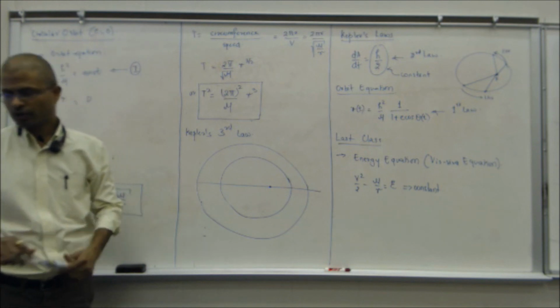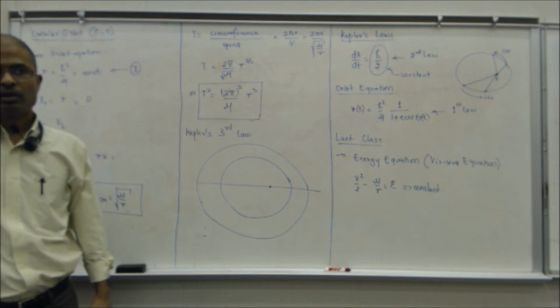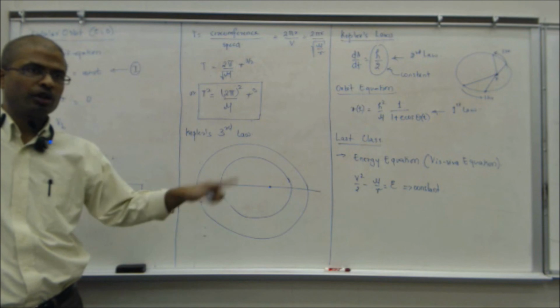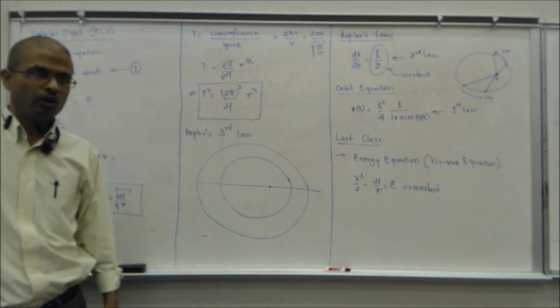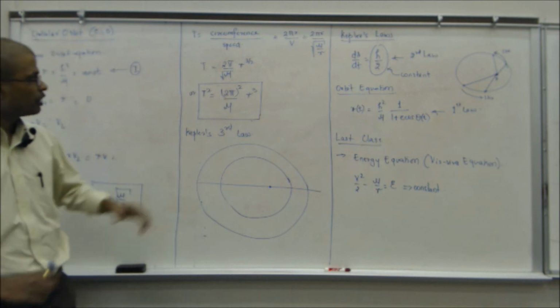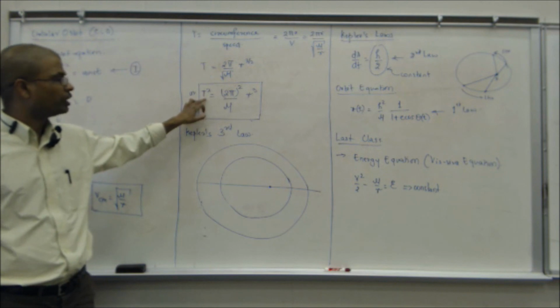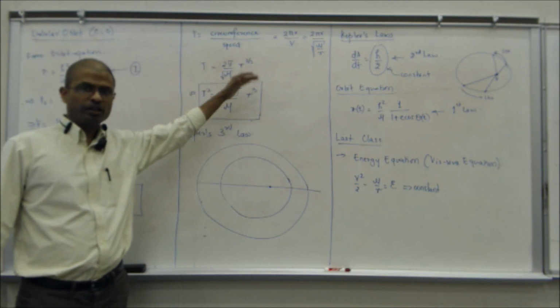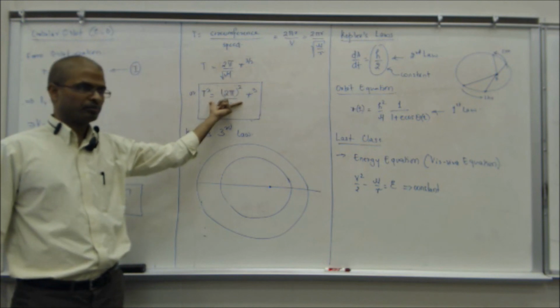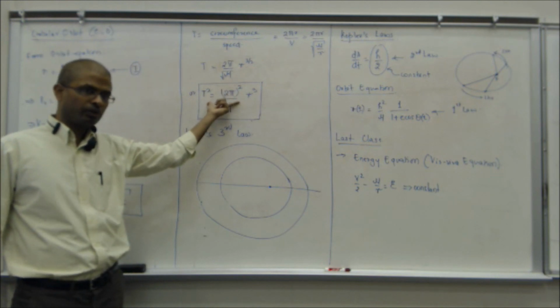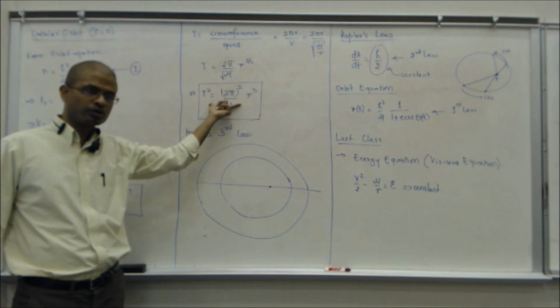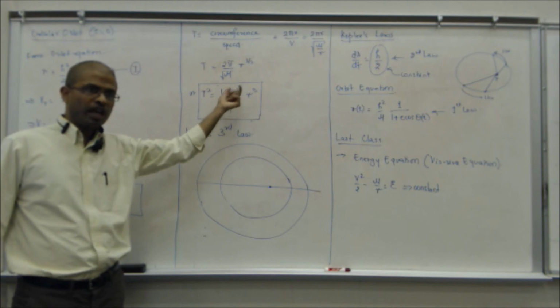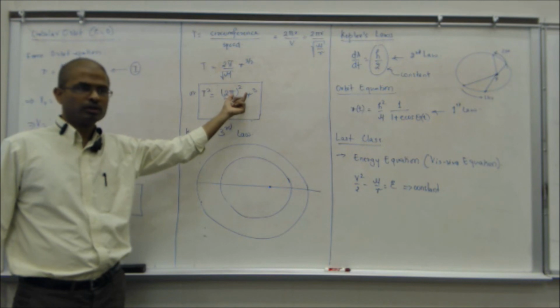What is time period of an orbit? Right, time taken to complete one orbit. So this time taken to complete one orbit increases as the distance increases, and it increases by this relationship. The square of the time period will always be proportional to the cube of the average distance. Okay?